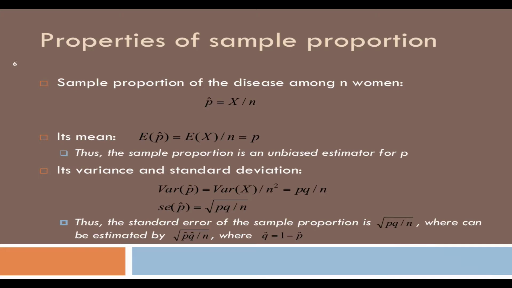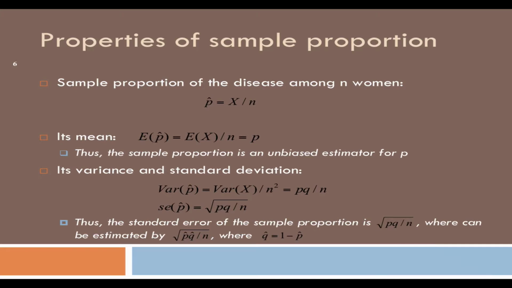The second property: what is the variance of the sample proportion estimate, the variance of p hat? So the first thing is the mean of p hat, the second is the variance of p hat. The third thing is: what is the distribution of p hat? Let's go in that sequence.